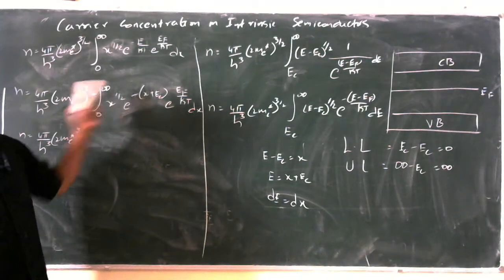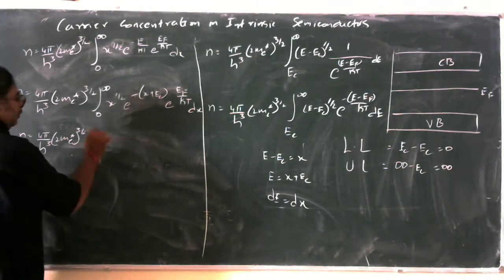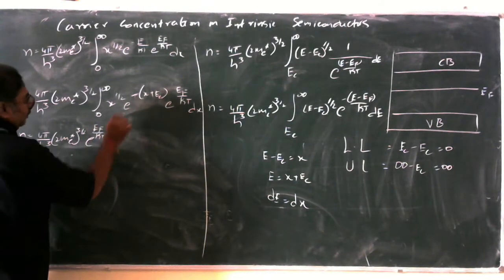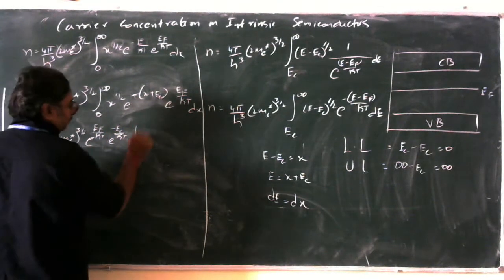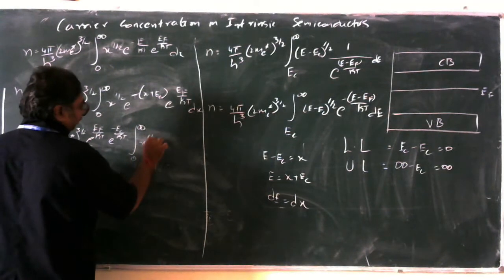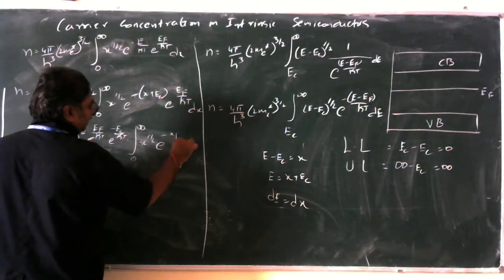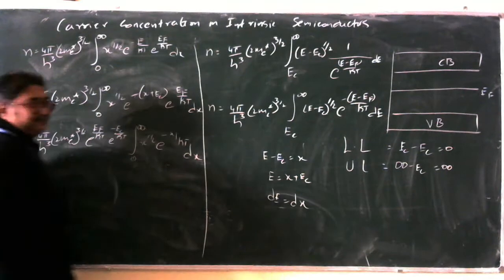So these two terms will come out. So this becomes exponential of EF by kT into exponential of minus Ec by kT into the integration from 0 to infinity of x power 1/2 e power minus x by kT dx.